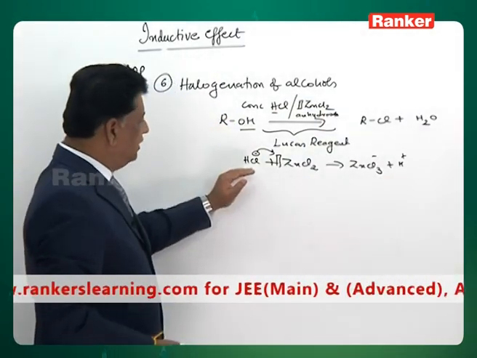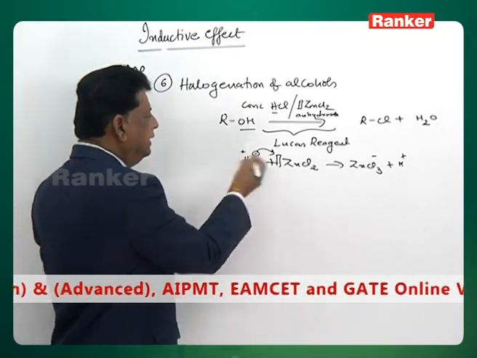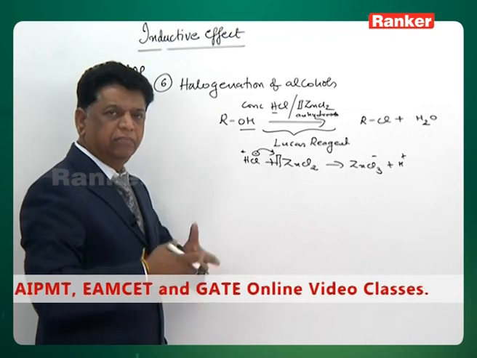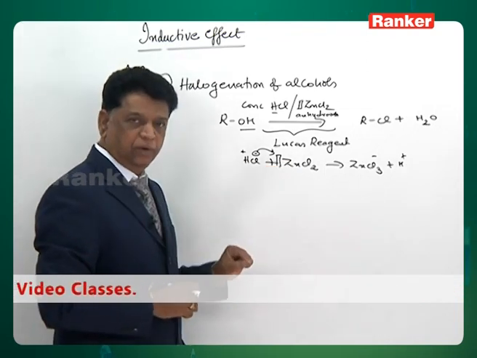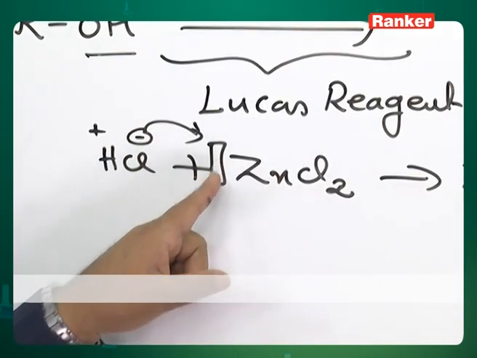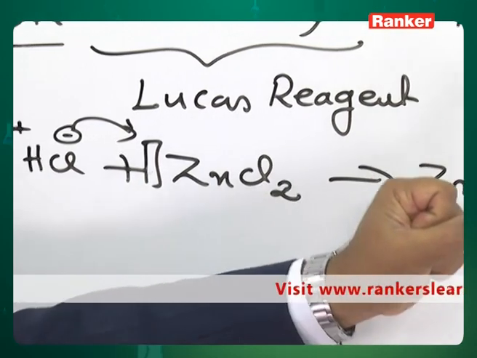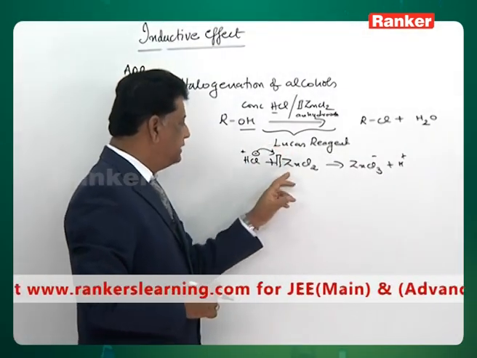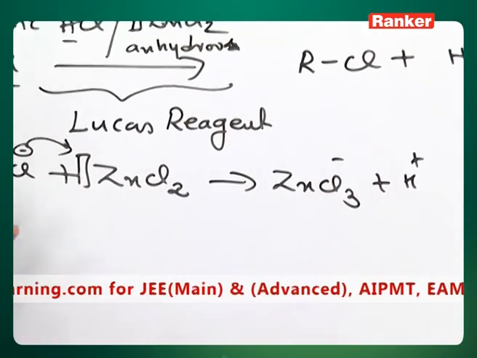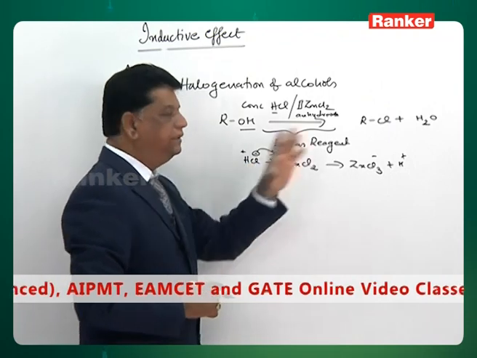Even without zinc chloride, HCl can open into plus and minus, but in presence of anhydrous zinc chloride, which has a vacant orbital, it accepts the Cl minus readily and becomes ZnCl3 minus and H plus, because it is a Lewis acid that holds the basic Cl minus part, and the H plus is released.